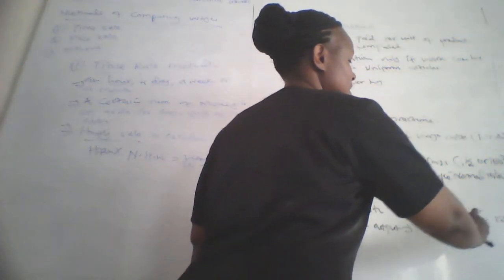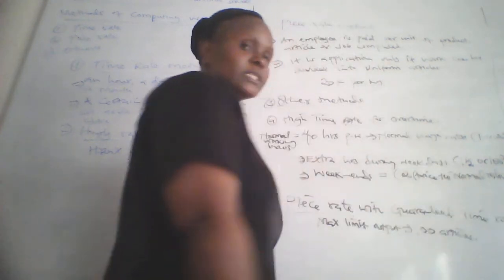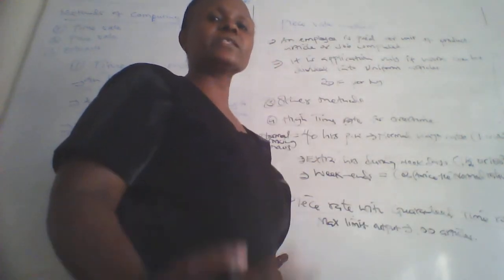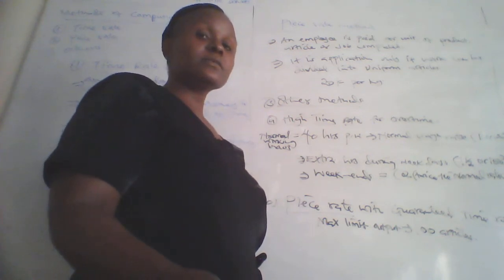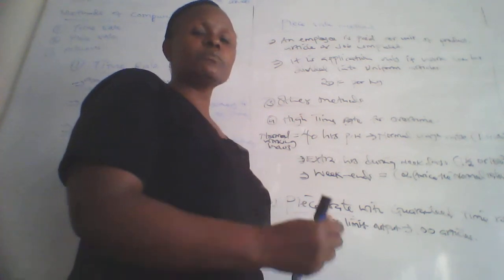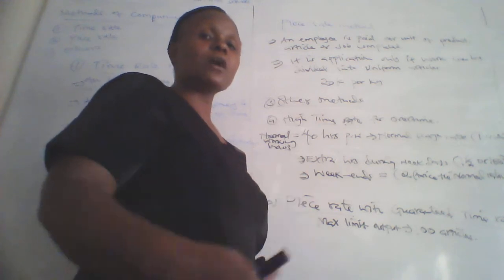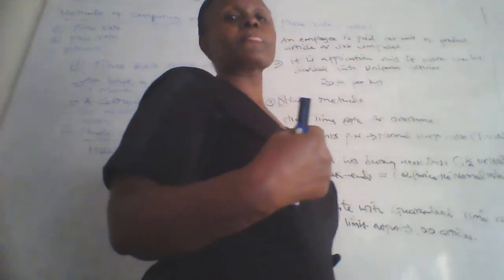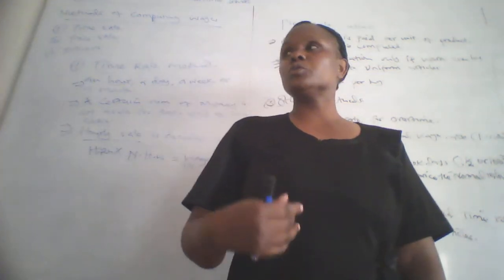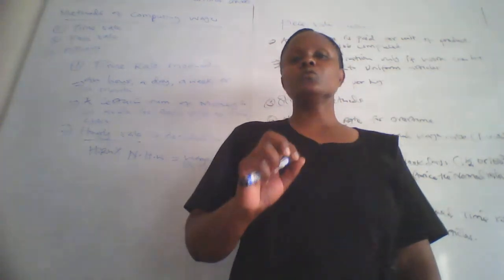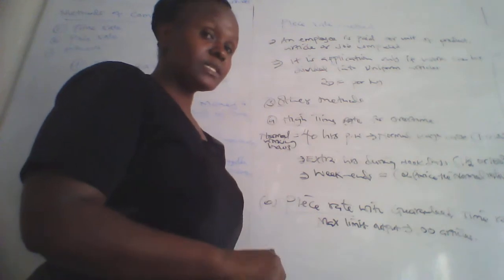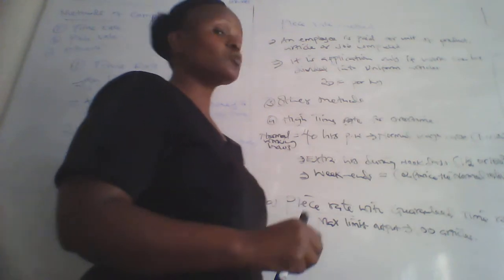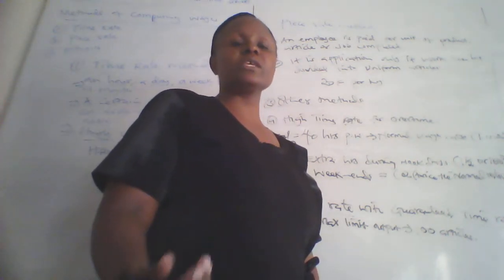So they use time rate to calculate the wages. Then for any extra article which the employee produces, they pay using the piece rate method. So they count extra articles produced for you to receive your total payment. You can receive 2 payments in one if you produce more than the limits which you have been given.